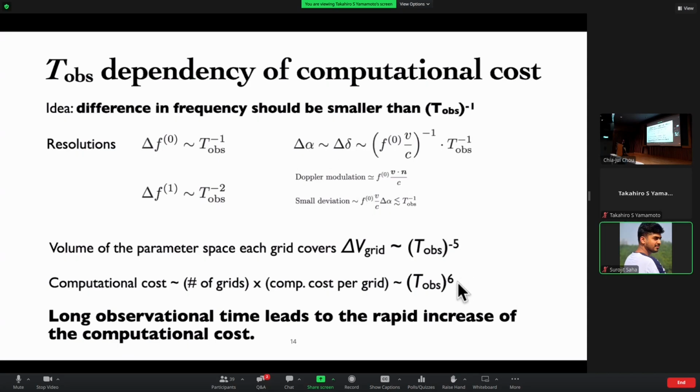The computational cost scales as the number of grid points times the computational cost per grid point, and the cost per grid point again scales typically as T observation. So the computational cost scales as T observation to the power of 6. It's quite a steep dependency, so a long observation time leads to a rapid increase in computational cost. This is the second difficulty in continuous wave search.